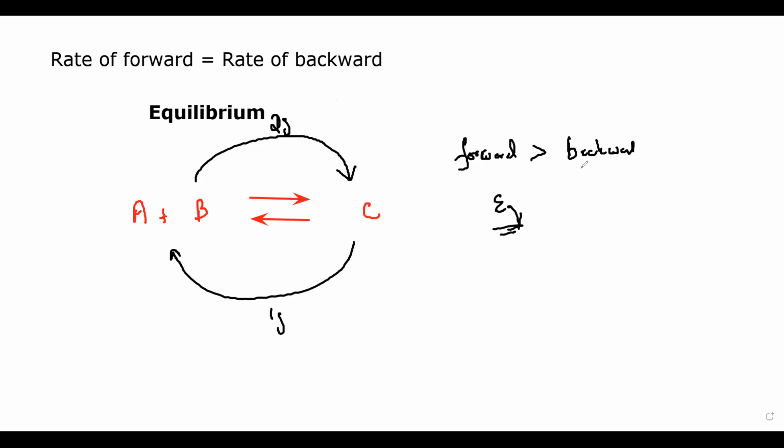So if the forward reaction is more than the backward reaction, it is not in equilibrium, or we say equilibrium is shifted towards the right hand side.